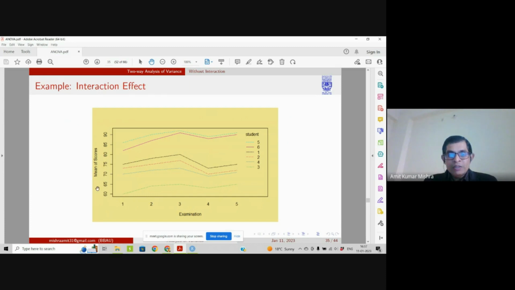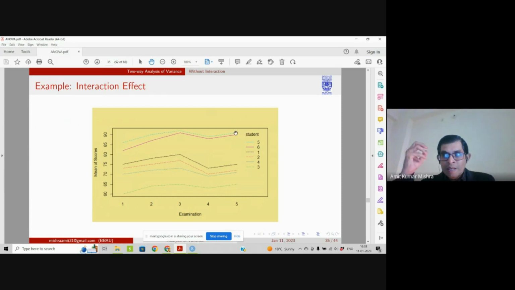On the y-axis we have scores, and here there are students inside. That means lines of different colors are representing the students. So 5, 6, 1, 2, 4, 3, these are the students. The uppermost line represents the 5th student. That means the 5th student is getting the highest marks in all the examinations.